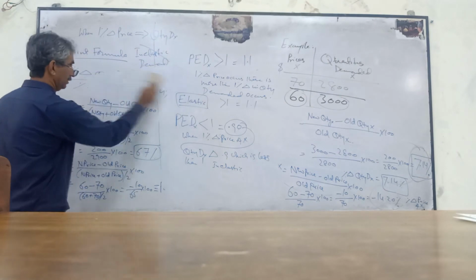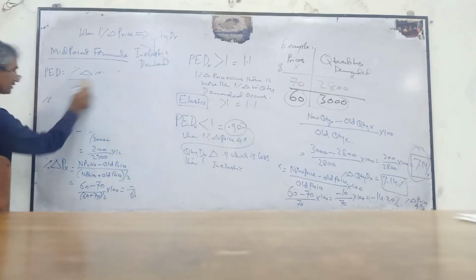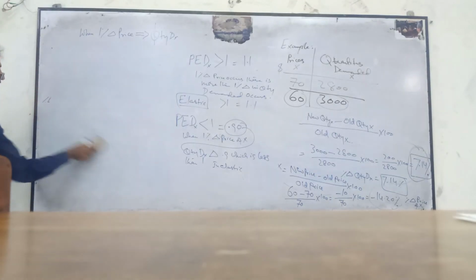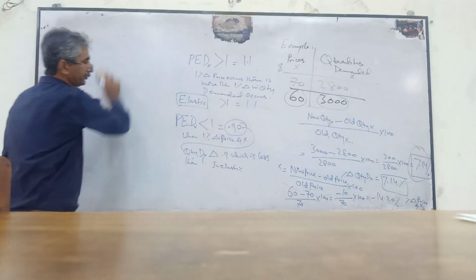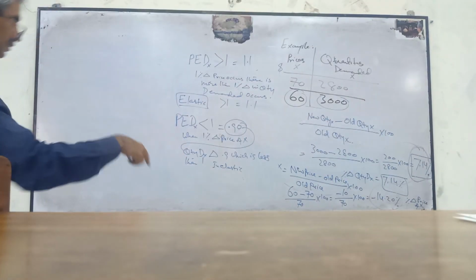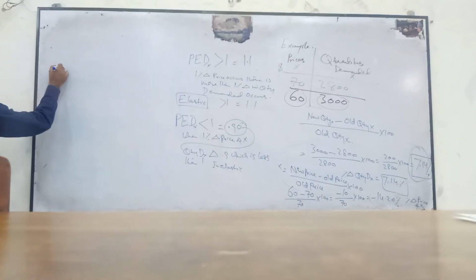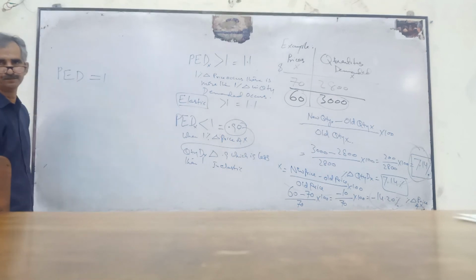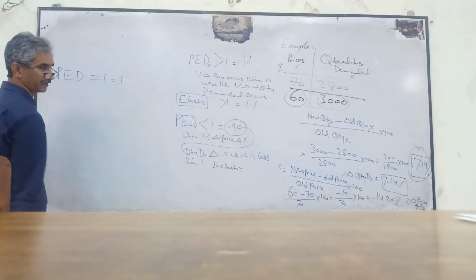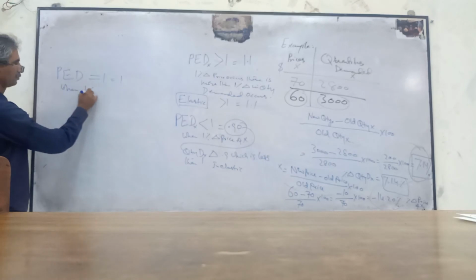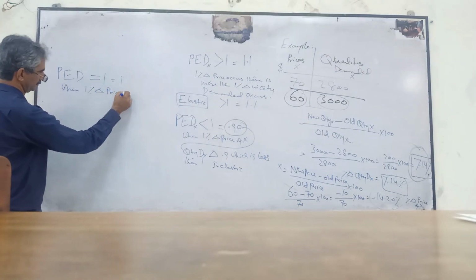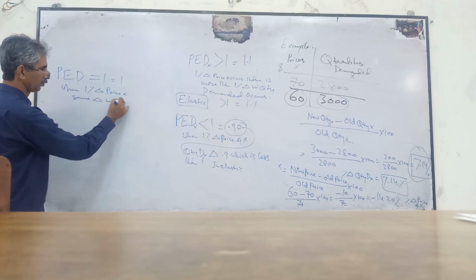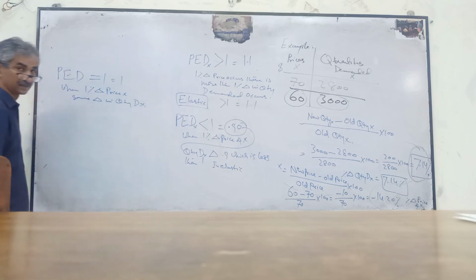Whatever formula you apply, whether you are using the percentage formula or the midpoint formula, if the price elasticity of demand answer is equal to 1, it means when a 1% change in price of X occurs, the same change in quantity demanded of X occurs.